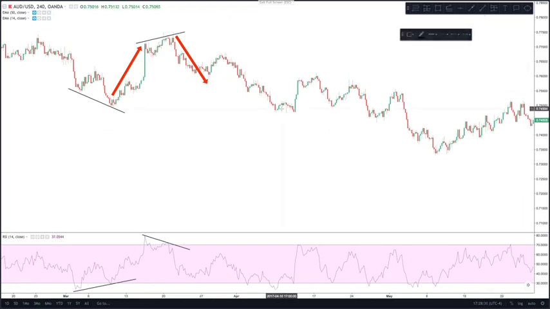Down here, price is making a lower low, where on the indicator, price is making a higher high. Reversal. Again. And again.